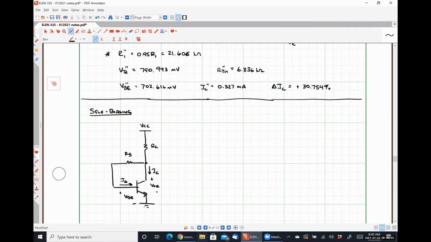Can't happen any other way, right? So what does that mean? If VCE is always greater than VBE, it is impossible to saturate this particular circuit, right?